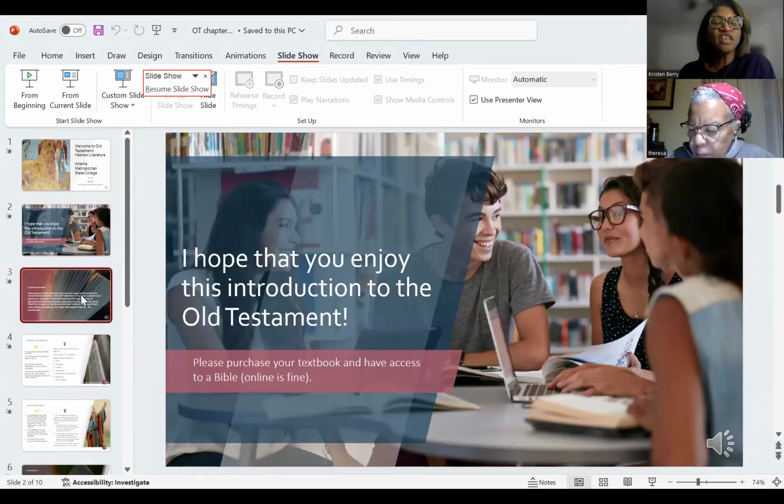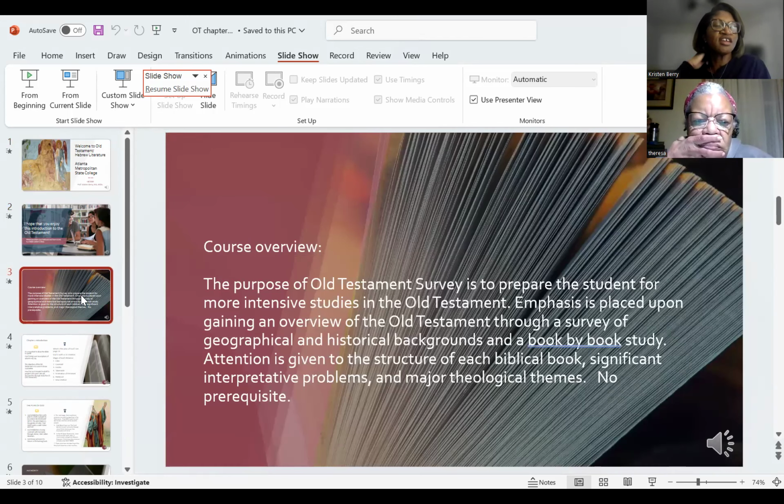Make sure that everybody picks up your book. There was another question regarding the Bible. If you would like to purchase a Bible, that's fine. But many times we can find things online, and I go to BibleGateway.com, or you can use any online Bible site. I tell students that if you want a good translation, try to use anything other than King James, because it's very hard to read.